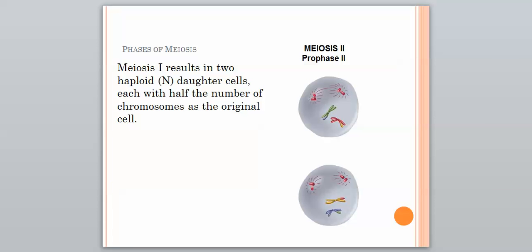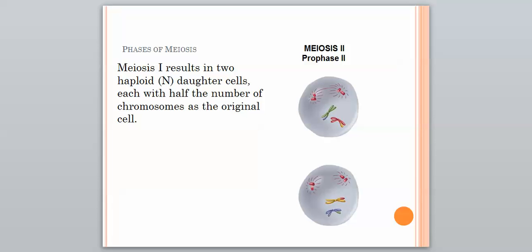So to start, Meiosis 1 results in 2 haploid daughter cells, each with half the number of chromosomes as the original cell. If you remember, we're using fruit flies as our example, and it was 2n equals 8. In a normal fruit fly cell, we would have a total of 8 chromosomes.